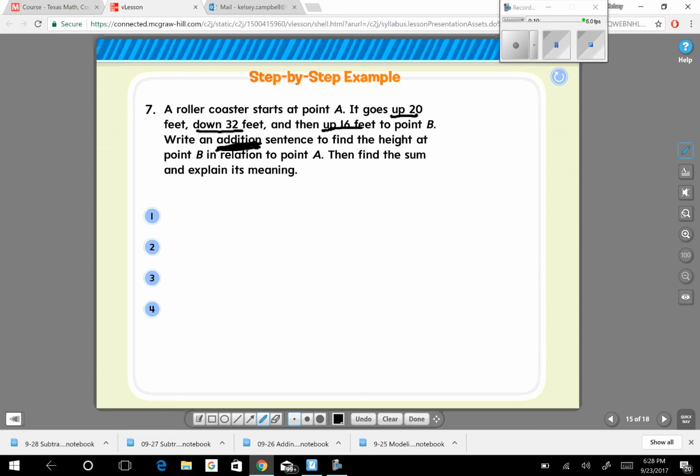So we are starting here 20 because it said goes up 20, so that's positive 20 together with, now down 32 feet, that's going to be negative 32 together with, it says it goes up 16, so that's positive 16. So we have 20 plus negative 32 plus positive 16.